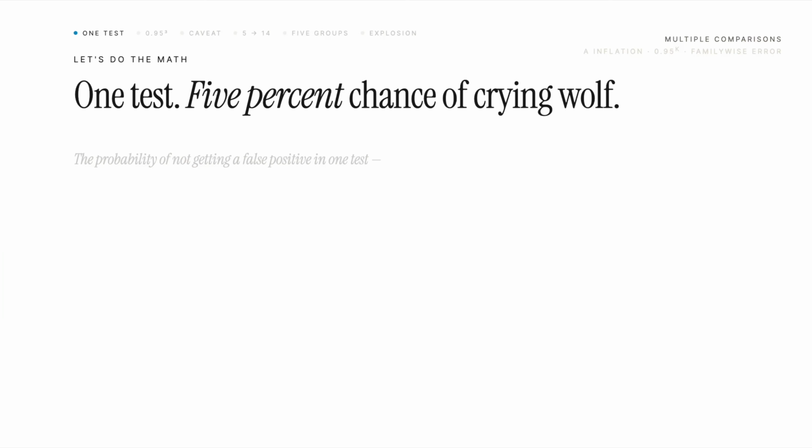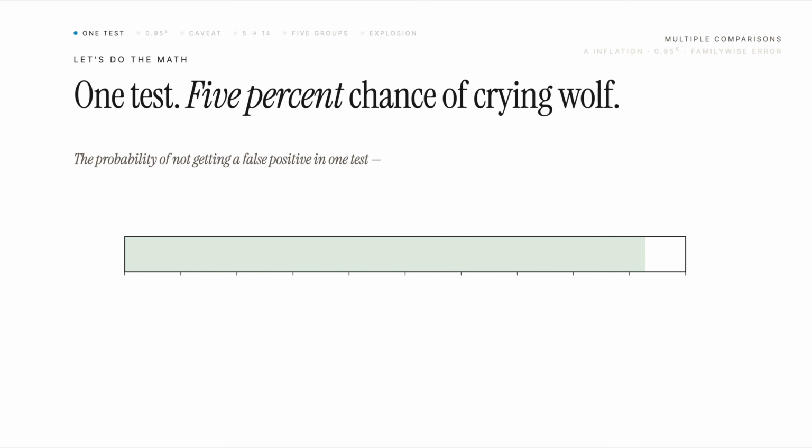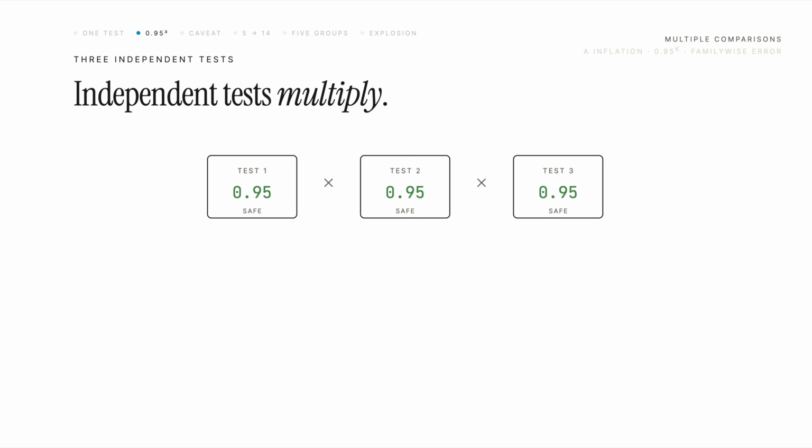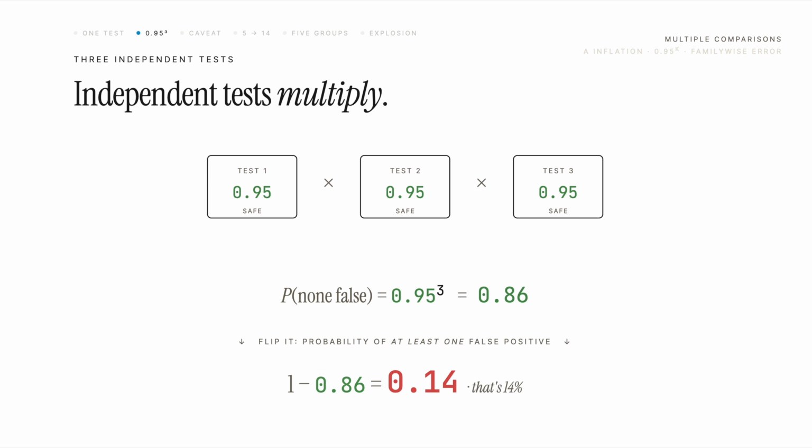Let's do the math. The probability of not getting a false positive in one test is 0.95. If your tests are independent, the probability of not getting a false positive in any of the 3 tests is 0.95 to the power of 3.